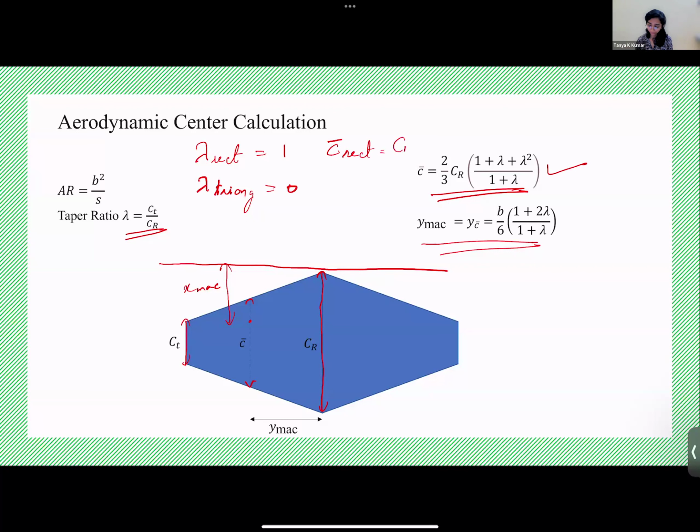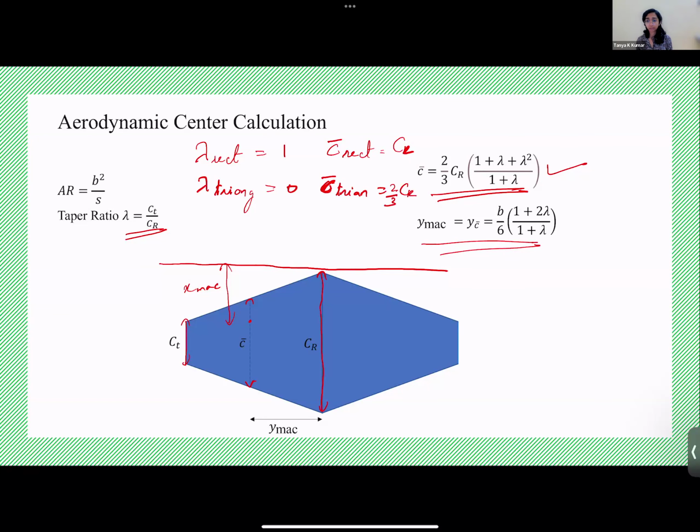It will be CR, correct. And C bar for triangular, what will it be? Two by 3 CR, correct.